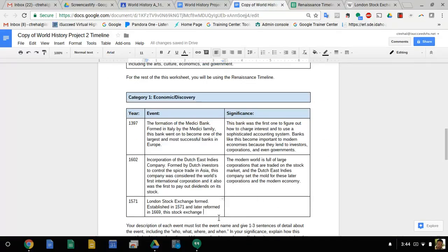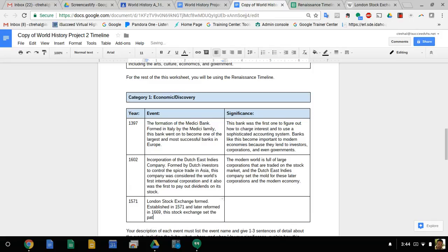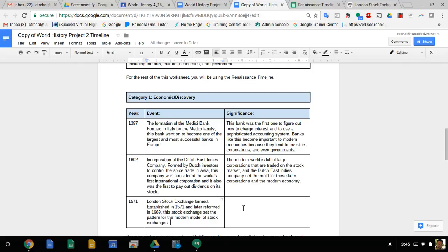Set the pattern for the modern model of stock exchange. Significance. Alrighty, stock exchanges like the London Exchange and the Amsterdam, those were the two first.